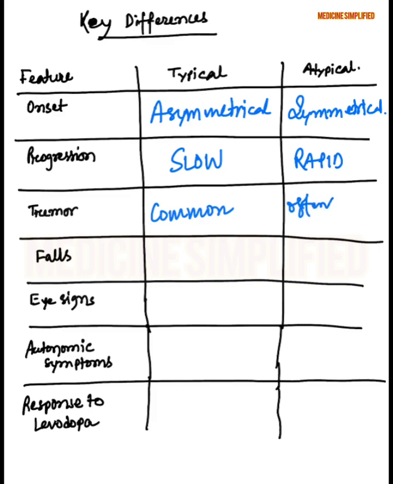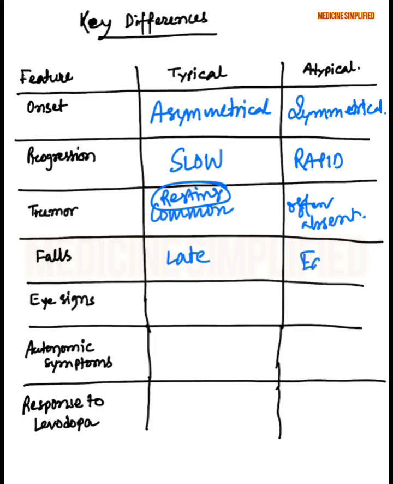Which tremor? Resting tremor. Falls in typical Parkinsonism will be a late feature, but in atypical Parkinsonism they will be very early.